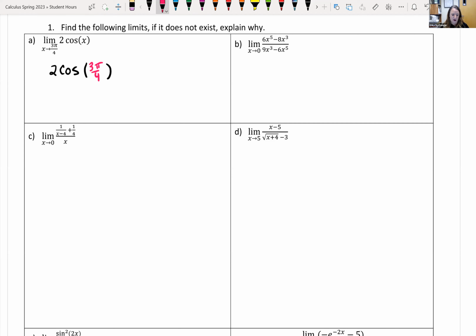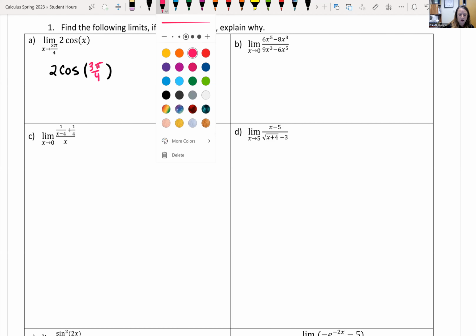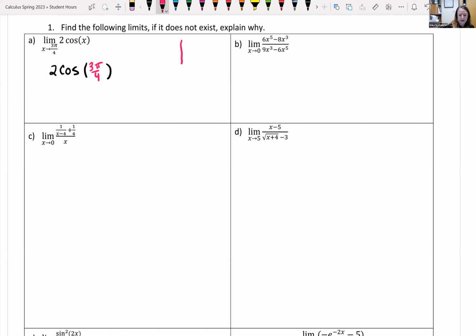So now I just need to evaluate what cosine of 3 pi fourths is. Recall, the angle 3 pi fourths gets us into the second quadrant, and our reference angle would be pi fourths.